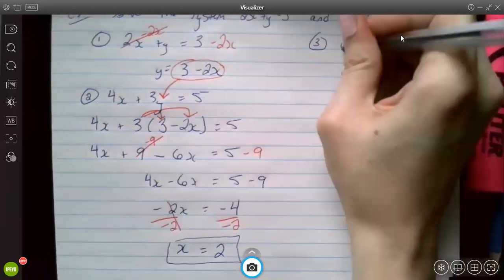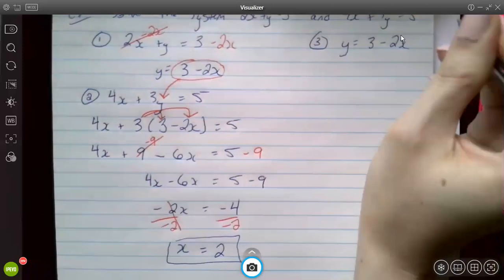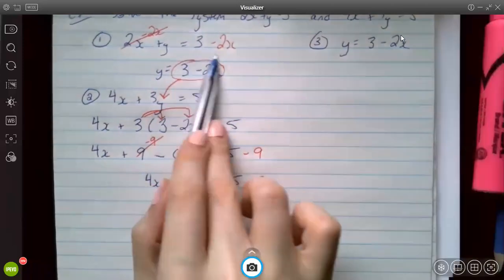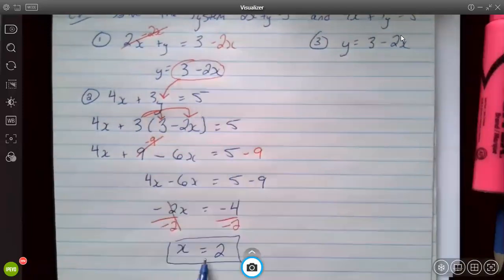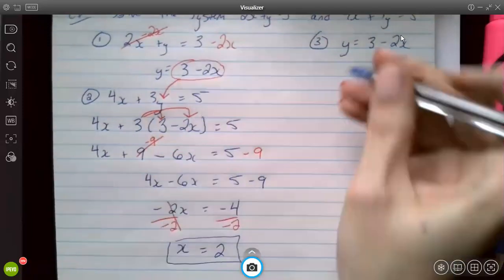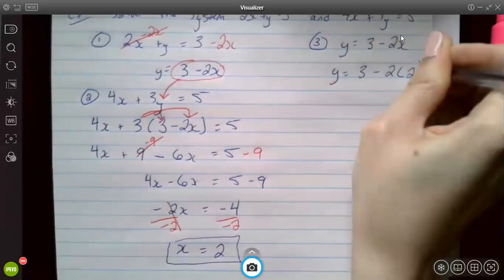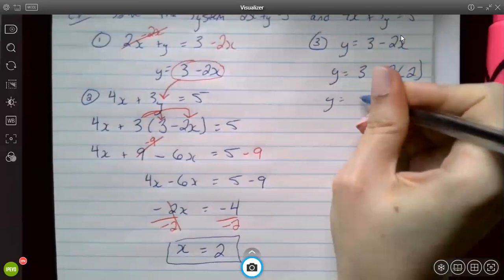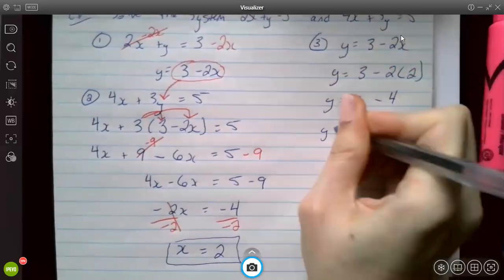So I'm going to use y equals 3 minus 2x, so this whole equation right here. And then I'm going to plug in this x value of 2. So y equals 3 minus 2 times 2, which is 3 minus 4, which is negative 1.